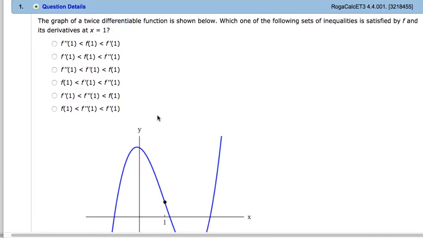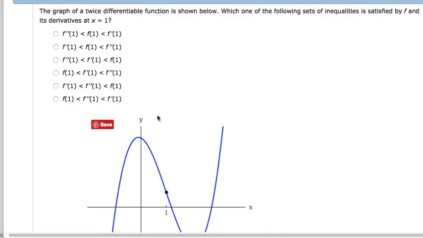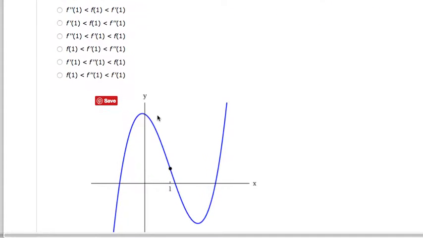Like one of these? Yeah. Okay, so just a quick hit. So this is one where you have to figure out the second derivative and the first derivative and f at 1 and figure out how they're related. They're all different, all these problems are, so it's more about understanding how this needs.